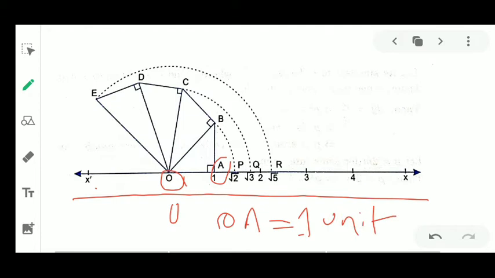Then draw AB perpendicular to OA, and here AB is the same as OA, that means 1 unit. Then join OB.